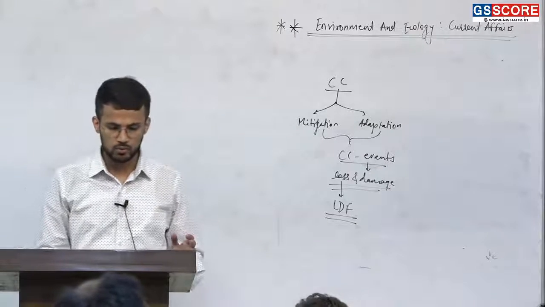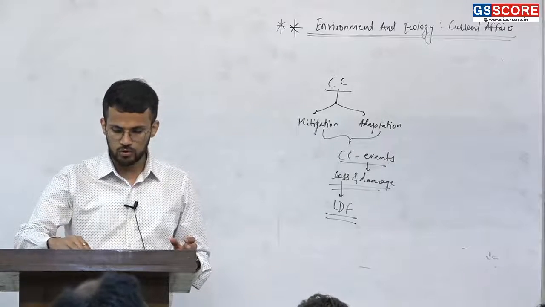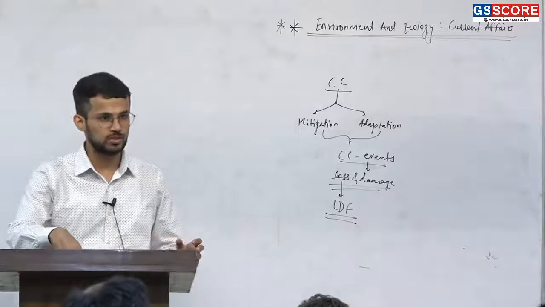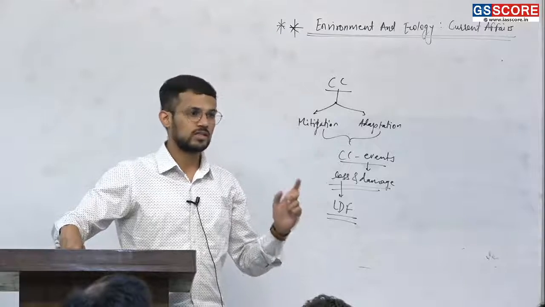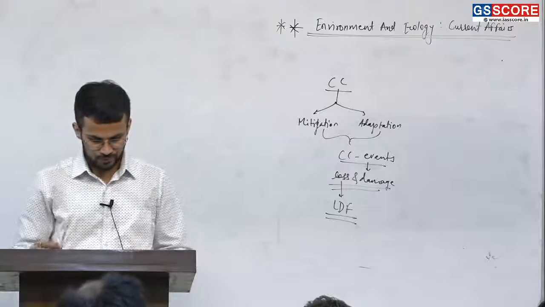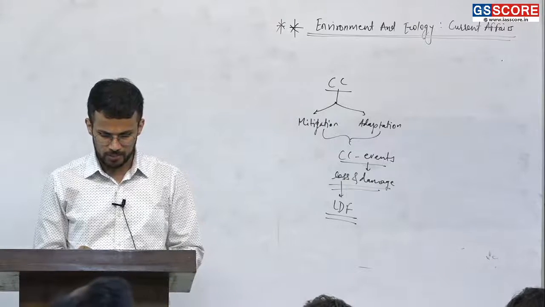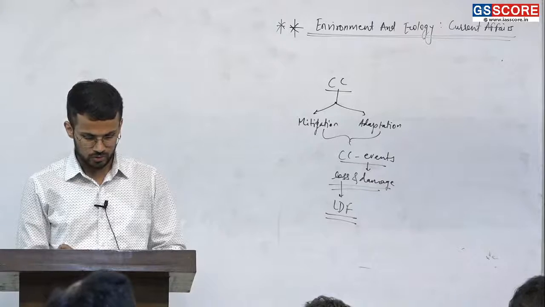So we have to ensure that there is a tenfold reduction in the extinction risk for various species, even those species which we have not discovered as of now. Fine. Next, reduce risk from pesticides by at least 50% by 2030. So that is also one of the important goals.